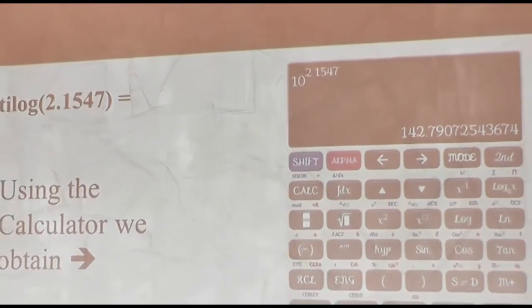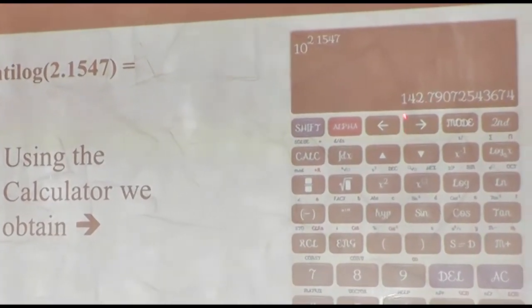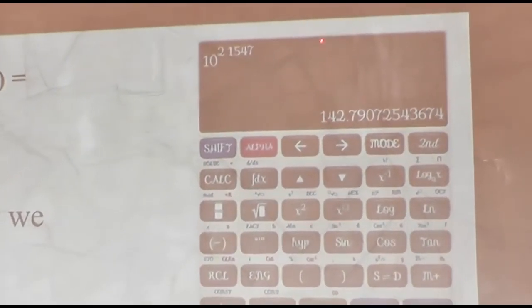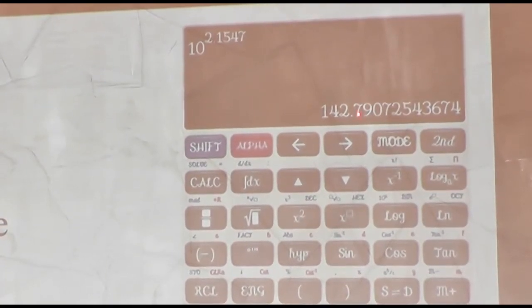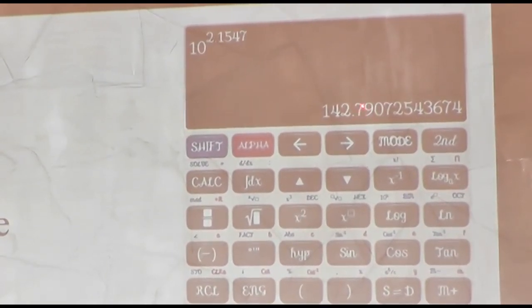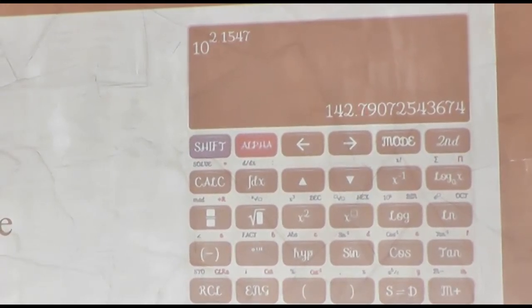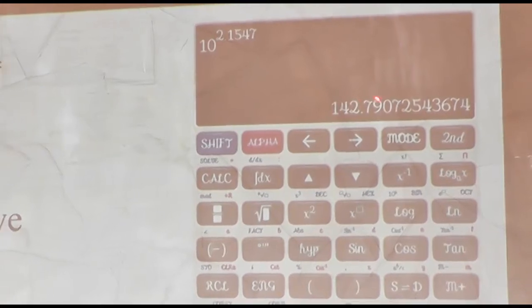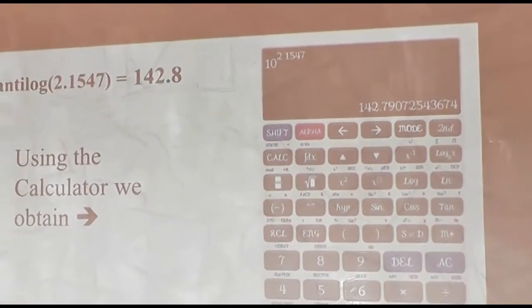Remember, in our answer we had 142.8, right? Now here the calculator is giving 142.79, and the number next to this 7 is a round up number, so we can round the 7 up to 8, which will be equal to what we had using the antilogarithm table.